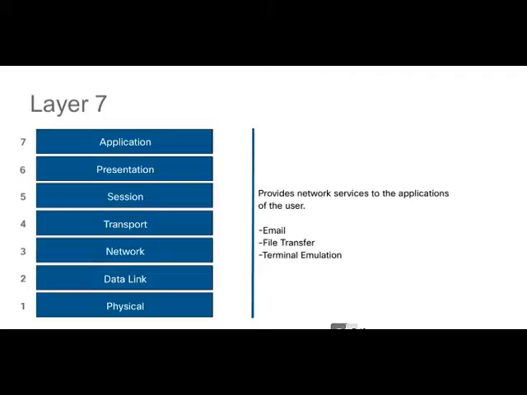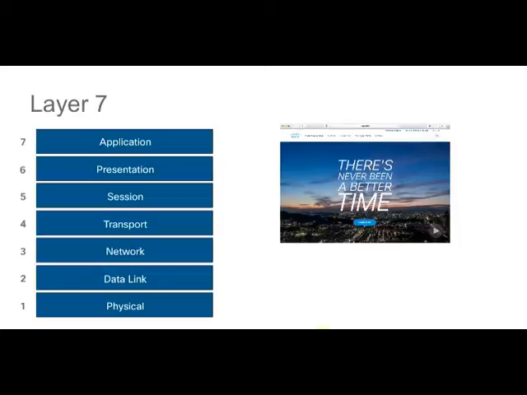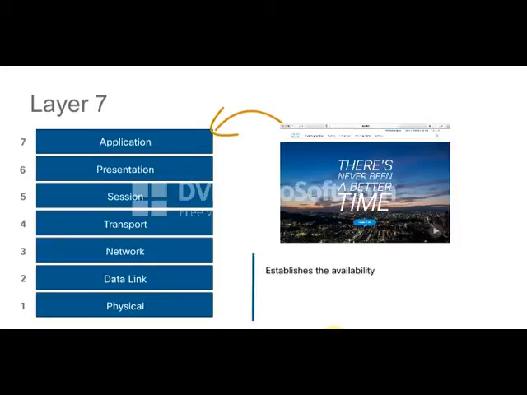So in reality, the application layer is not providing service to another OSI layer, but rather it's providing service to an application that sits outside of this OSI model. Now, the application is going to establish the availability of different communication partners, and it's going to synchronize the establishment agreement.